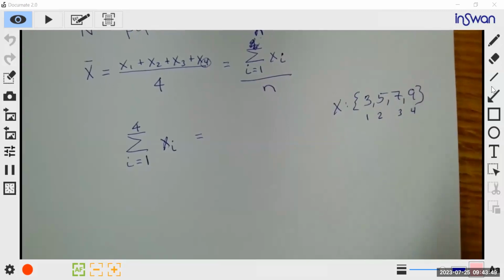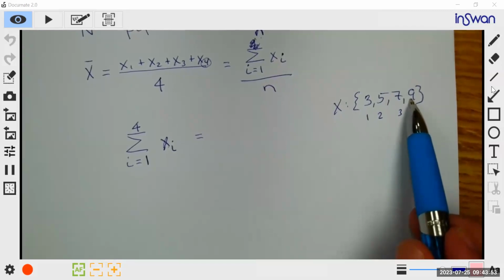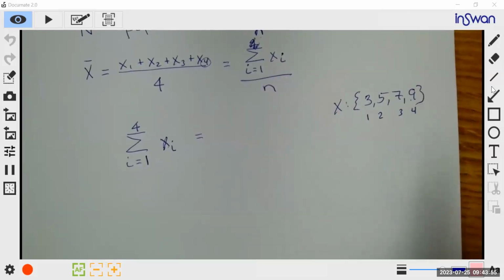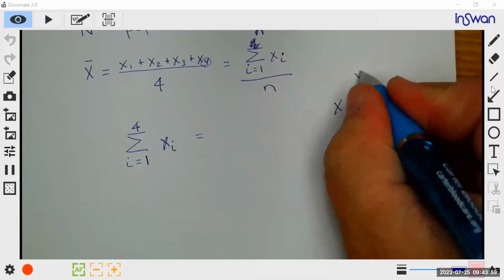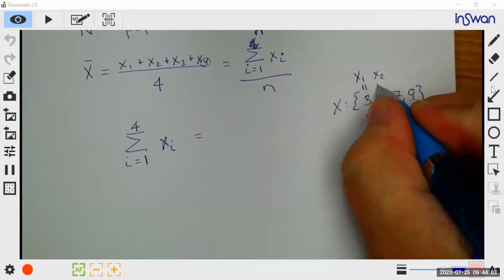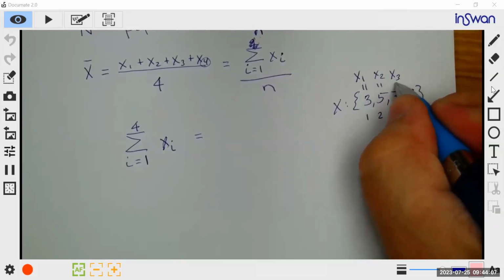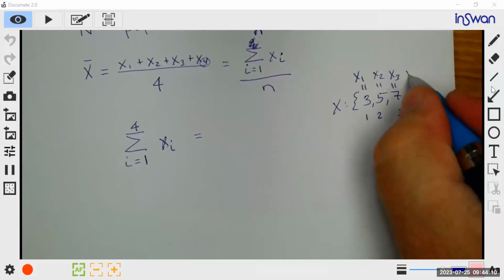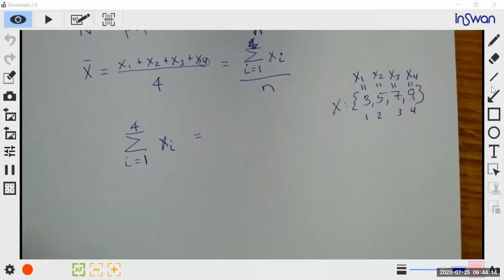In other words, if I say, what's the fourth number in the data set, what would you look at? The fourth one is this one, 9. What's the second? Yeah, so what these represent, X sub 1 represents 3. X sub 2 represents 5. X sub 3 is 7, and X sub 4 is 9. Because you have to have a way of identifying any piece of data in your data set.